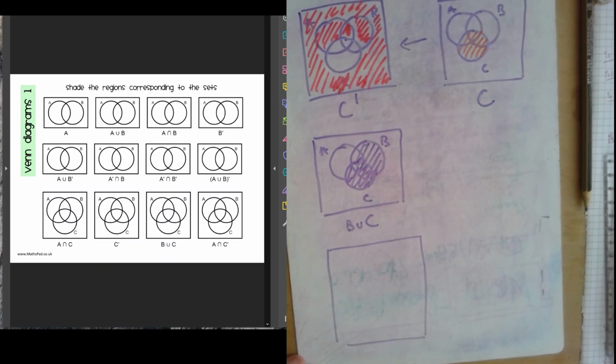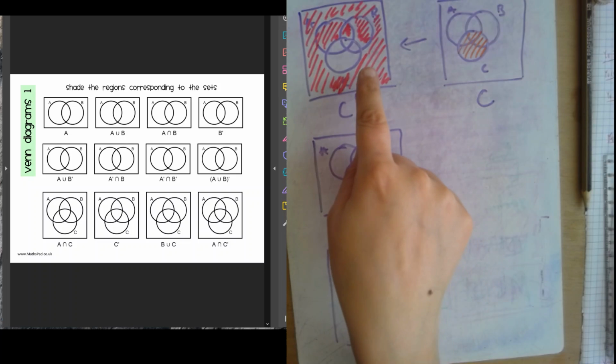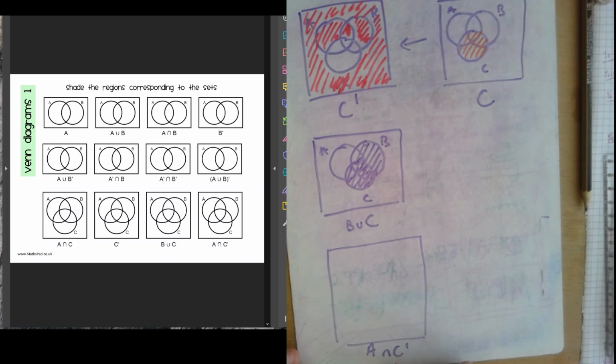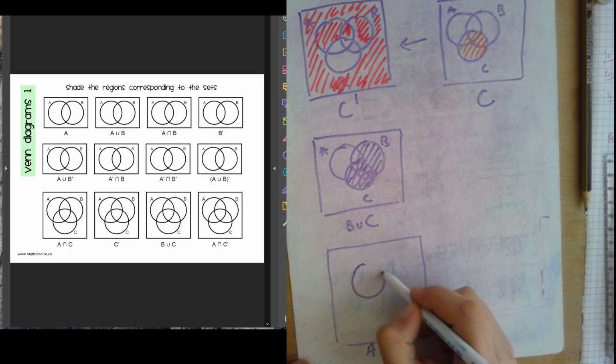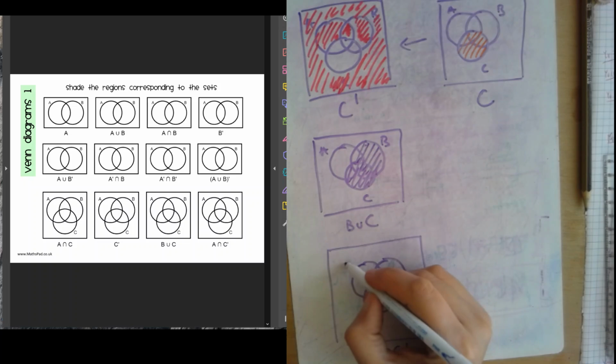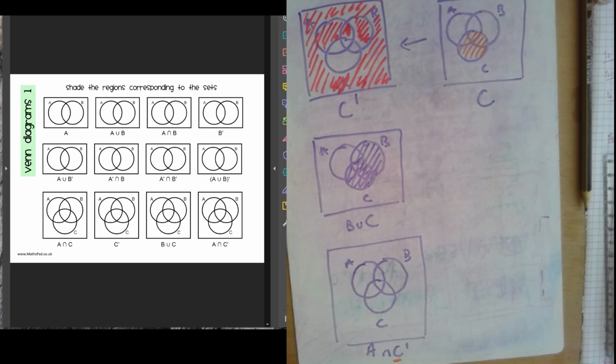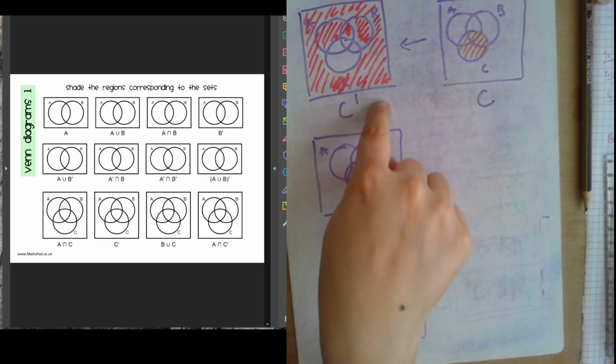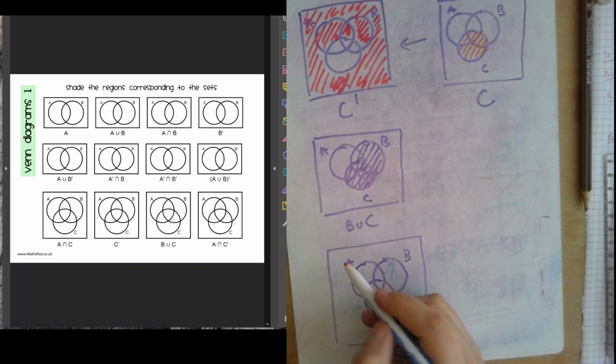This one, last but not least, you have A and not C. Okay, so I know not C is that because I've already done it. And without drawing the diagrams, I'm going to colour in not C. Okay, A, B, and C. I want not C, so I'm going to colour in that one first.